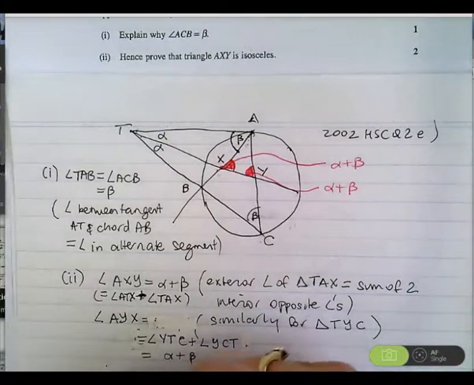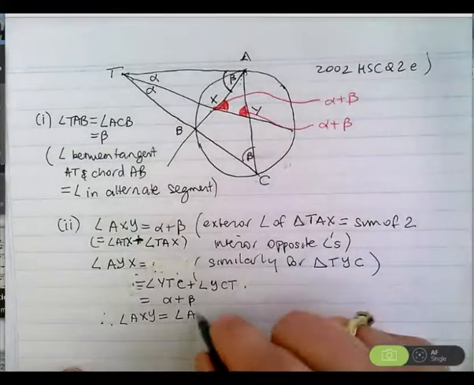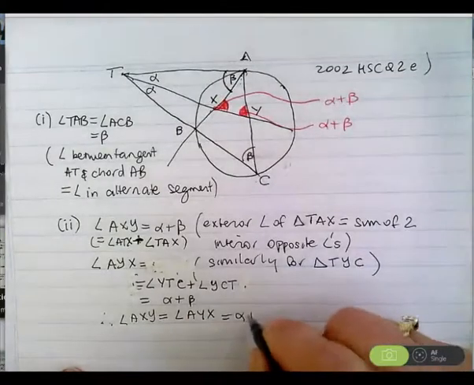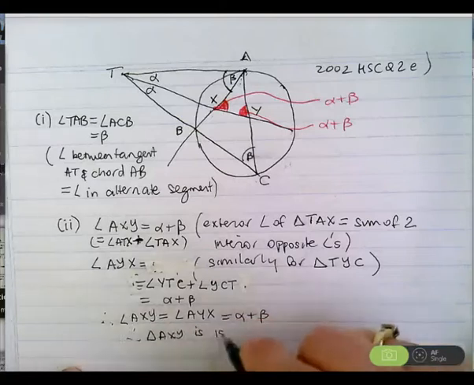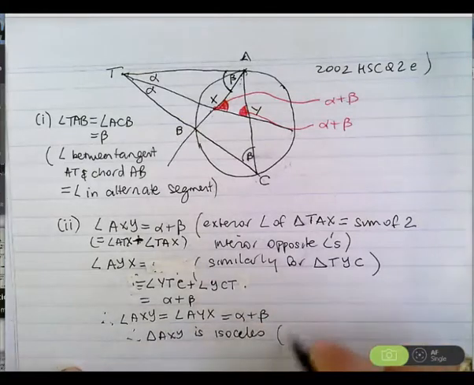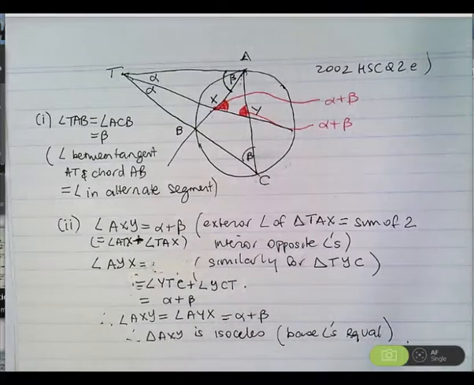So therefore, we can say that angle AXY is equal to angle AYX, which equals alpha plus beta. Therefore, triangle AXY is isosceles. Base angles, or two equal angles is fine. Base angles equal. Okay? That's 2002 HSC question 2E.